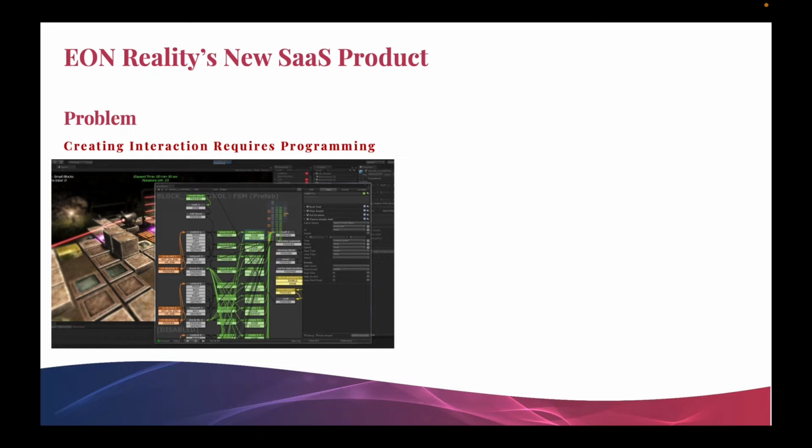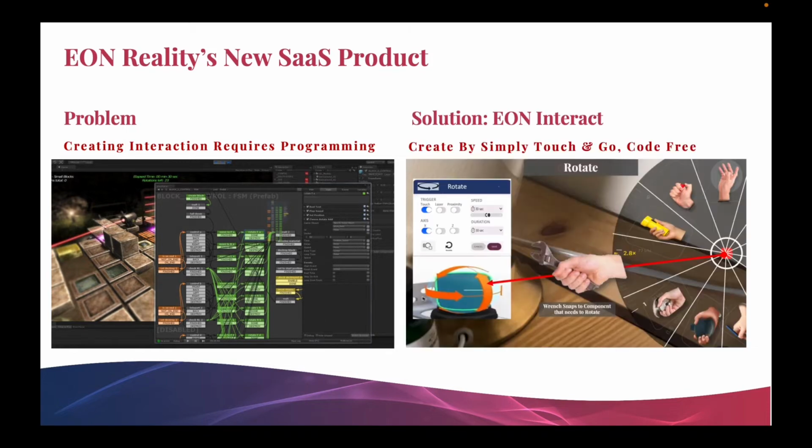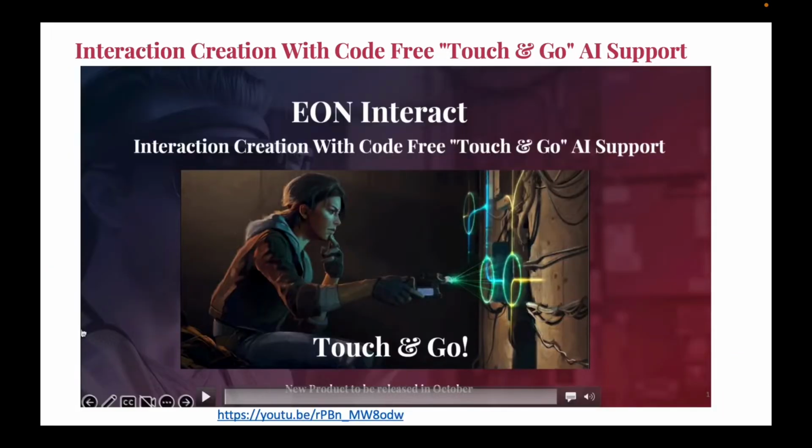So we thought, why don't we completely revolutionize the way to create content interactions by simply touching an object with a wand or a tool and telling it what to do, and allowing it to do it and trigger it by various means. Okay, that may sound a little bit fantastic or too good to be true, so let me show you.